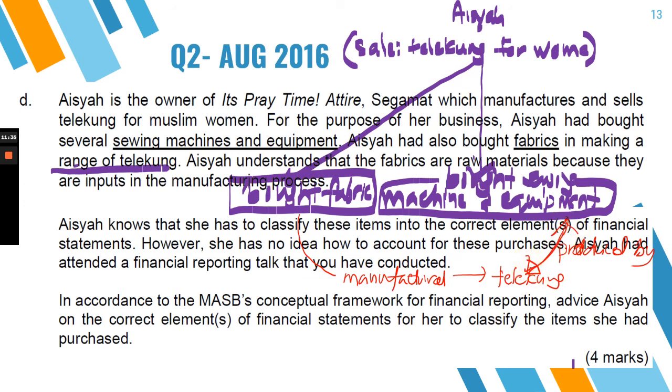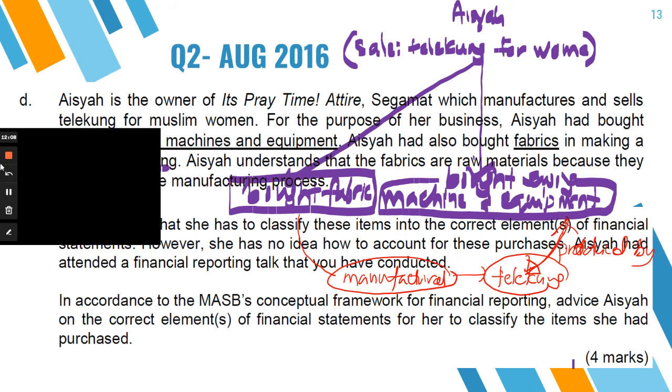Aisha knows that she has to classify this item into the correct elements of financial statement. However, she has no idea how to account for this purchase. She knows that she needs to classify the fabric as raw material, because it is the input to process into the telekung. So you need to process it in the manufacturing process, and that will become your finished product.